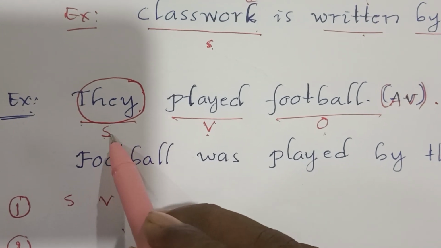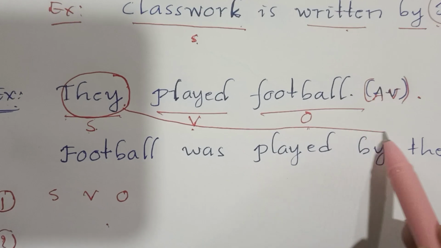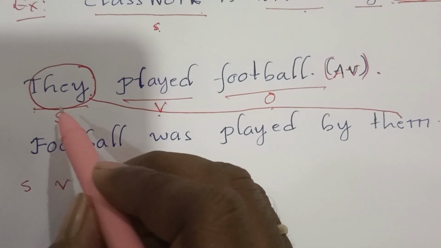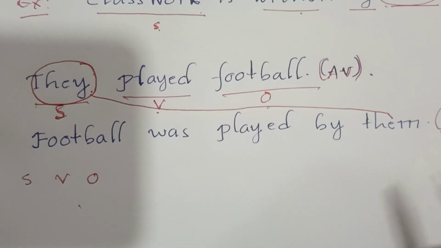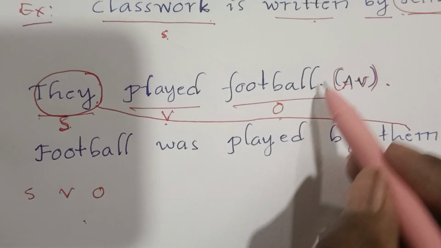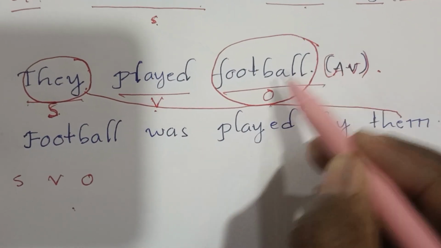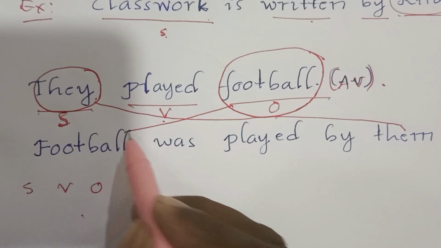See here, it is a subject. The subject in the sentence becomes the object in the passive voice. Whatever is the object in the active voice becomes the subject in the passive voice.